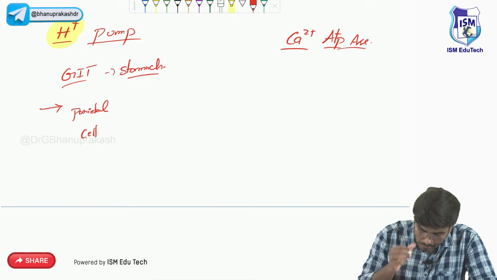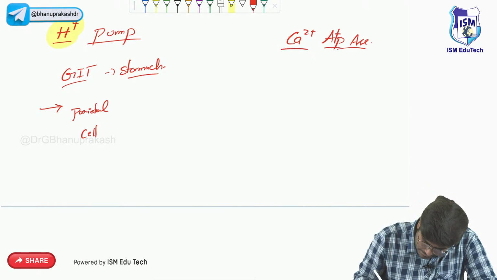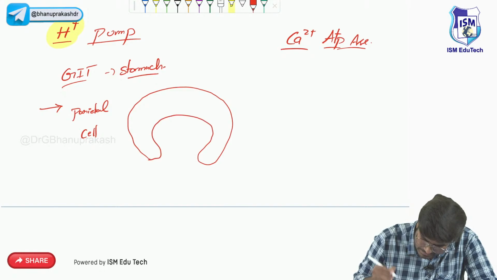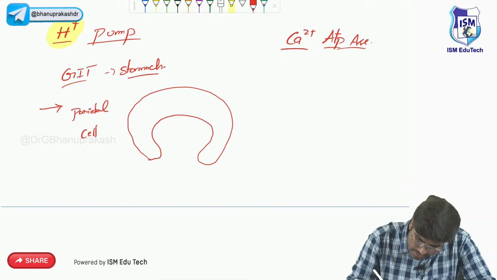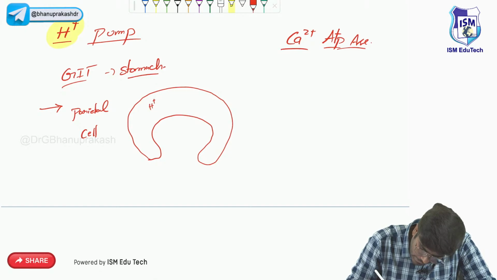Parietal cell. Now, let me show you one parietal cell. I'm just showing you in an easy way. Let's take this as a parietal cell. This parietal cell has a pump called the proton pump.